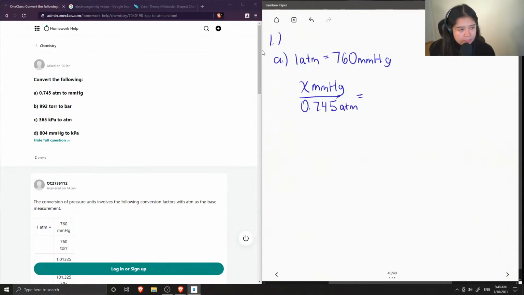That way, when you write your conversion factor, the units that you're looking for should be on top, and the units you're trying to get rid of will be at the bottom. So now let's multiply both sides.